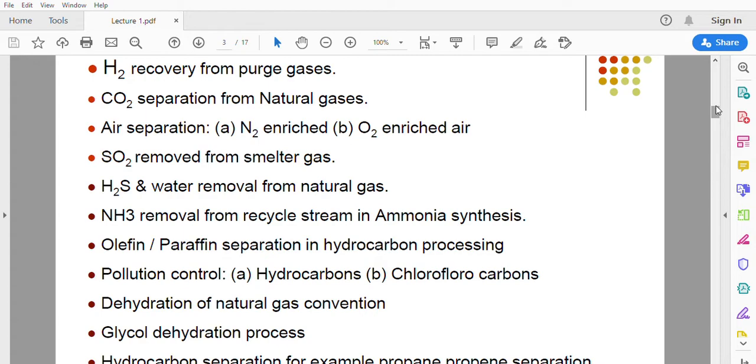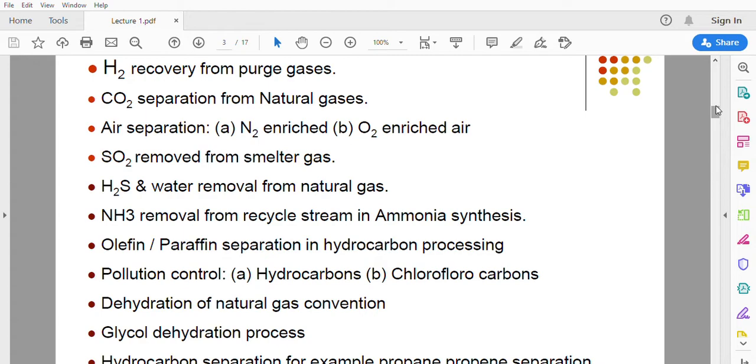So in the product you will get ammonia as well as hydrogen and nitrogen. Now the molecular size of ammonia is much larger than the molecular size of nitrogen and hydrogen, so you can easily separate the ammonia from the nitrogen and hydrogen using the membrane based process.